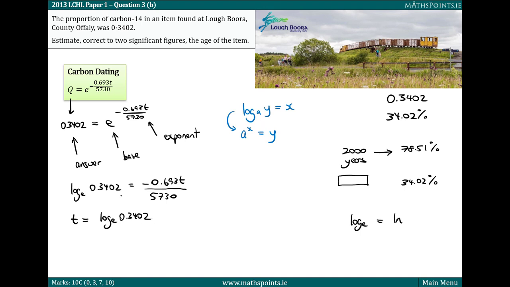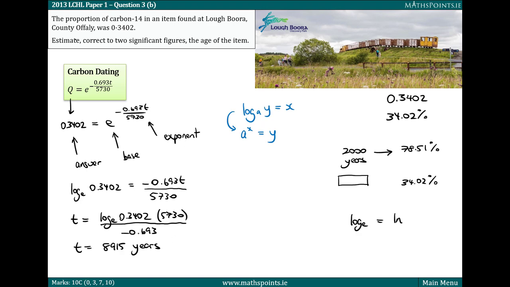I'm going to multiply both sides by 5,730. I'm going to divide both sides by minus 0.693. I'm going to throw that into my calculator, and I get 8,915 years. So that's the age of the item that would have 34.02% carbon-14 left.